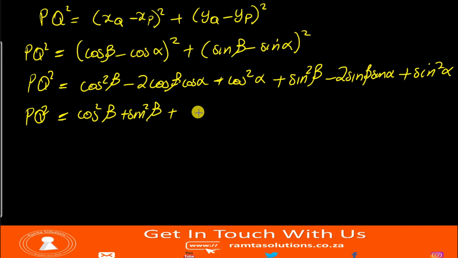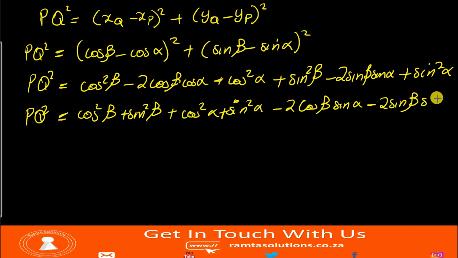I see cos square alpha. There's also sine square alpha, minus 2 cos beta cos alpha, minus 2 sine beta sine alpha.